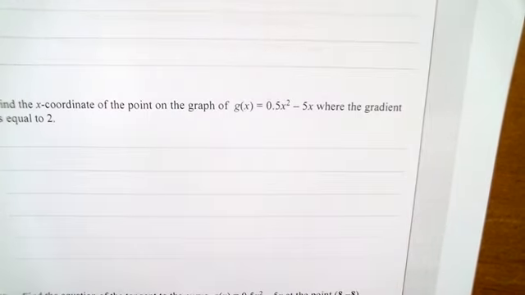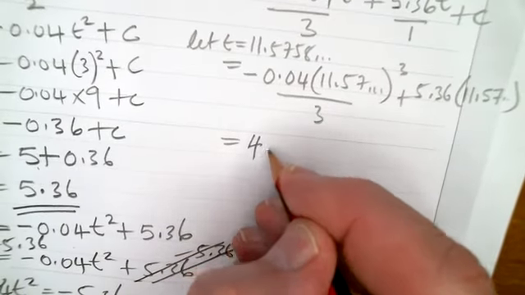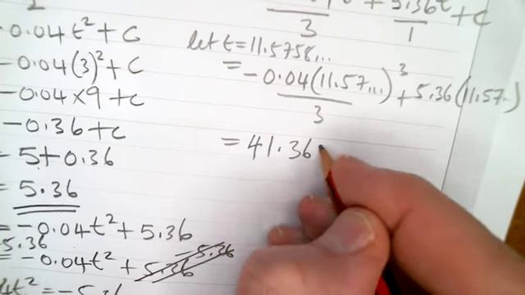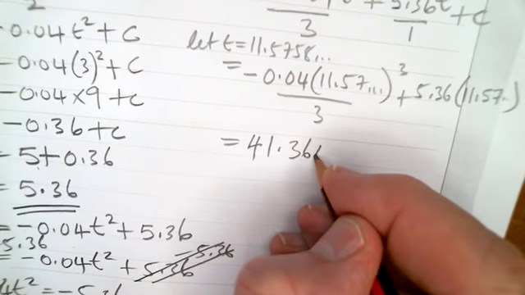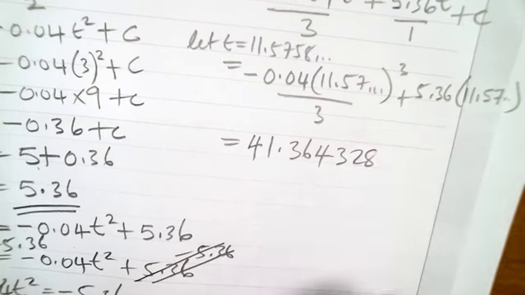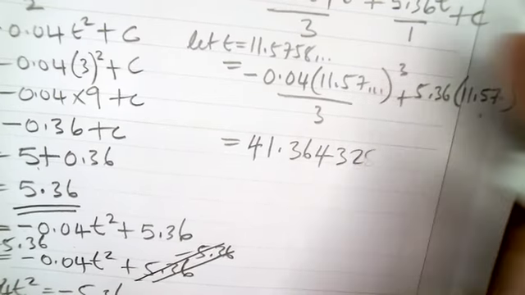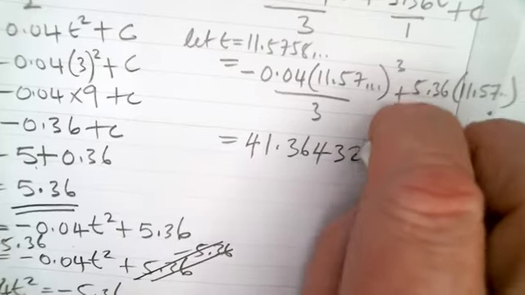All right, so equals, I'll write it in here. 41.36. I don't think it matters too much at this point, because I'm not going to do any more. I'm just going to go, that's what we've got.